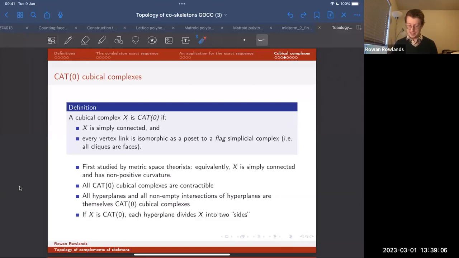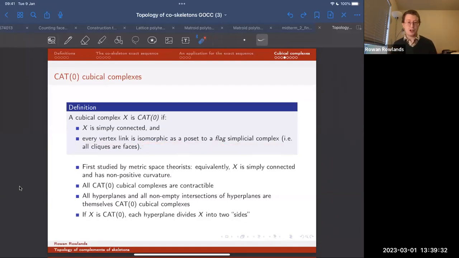This definition has some heavy details in it that I'm going to skim over today. Here's the definition. A cubical complex X is called CAT(0) if topologically the complex is simply connected. And then there's also a combinatorial condition that the link of every vertex is isomorphic as a poset to a flag simplicial complex.